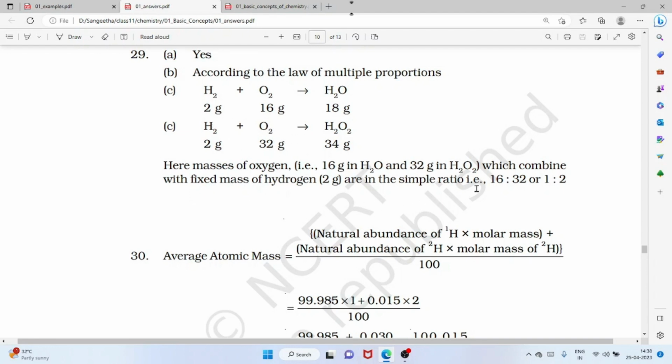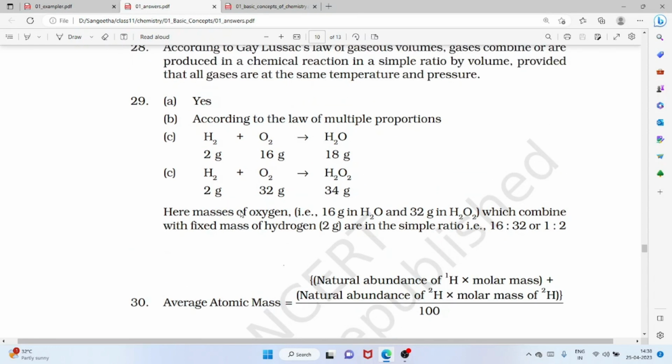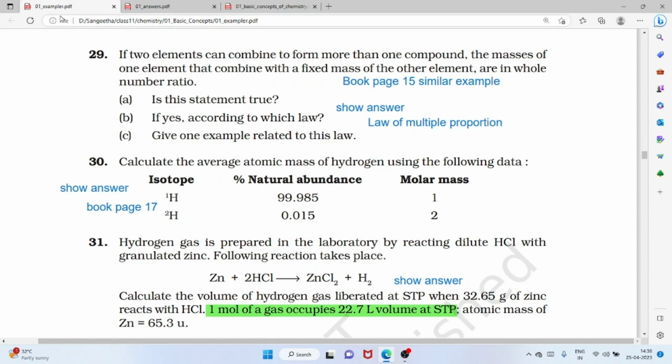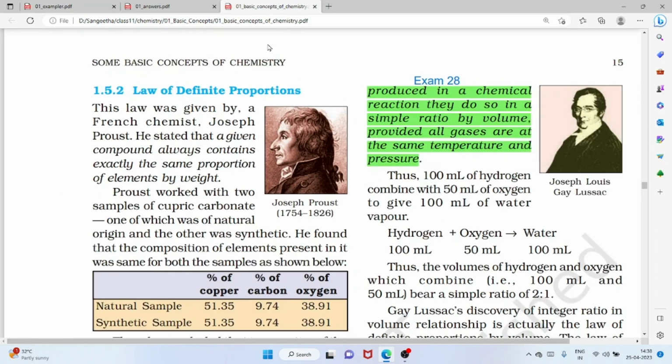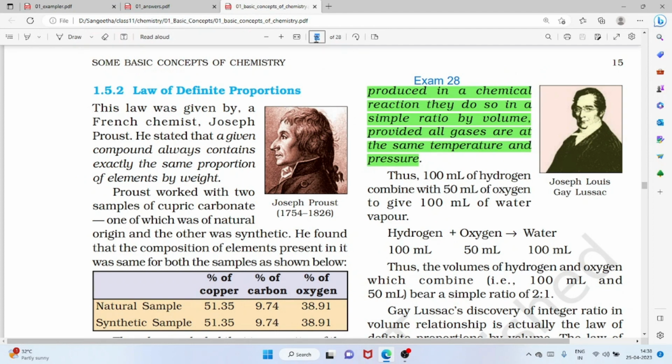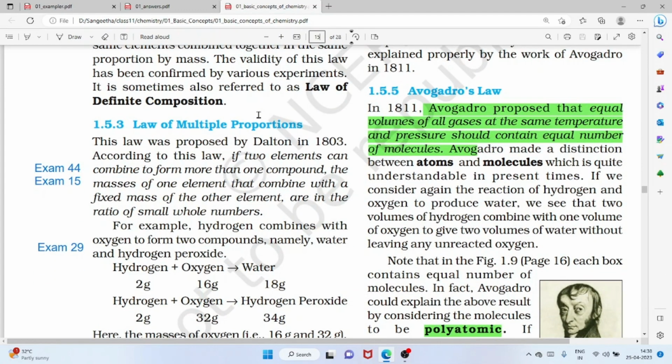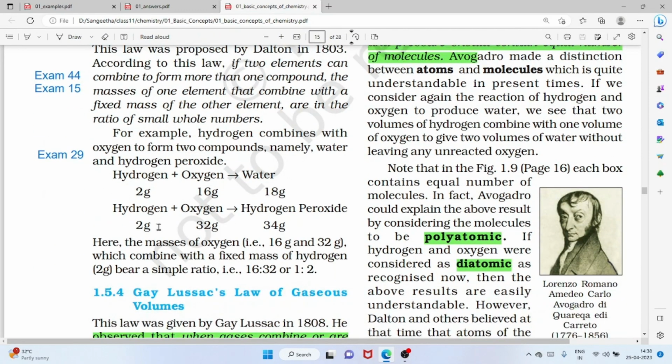Oxygen varies in a simple ratio, so the output also reflects it. In page 15 also similar. They have given it here. Okay.